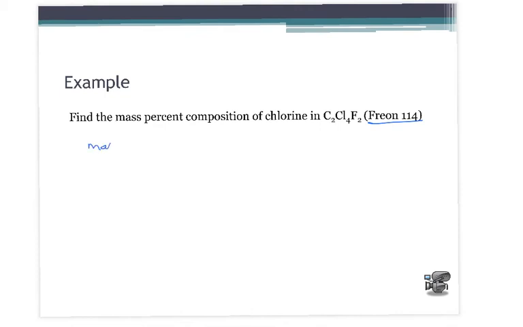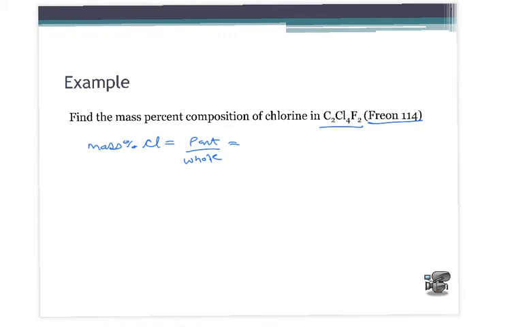So we have the mass percent of chlorine. And remember, we've learned that we have part per whole. In this molecule, we have 4 moles of chlorine for every 1 mole of Freon 114.